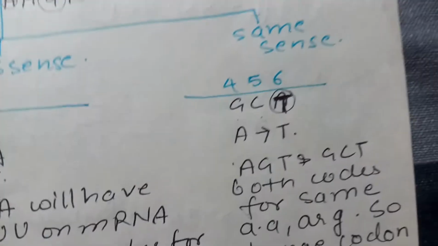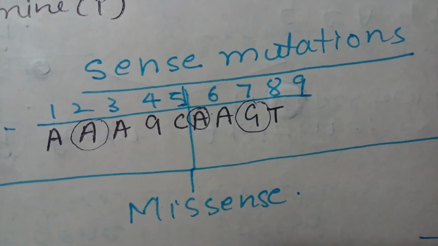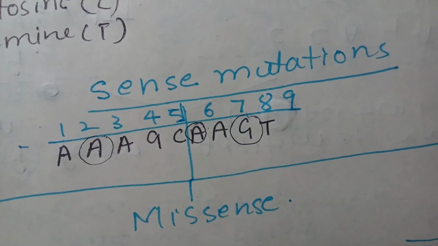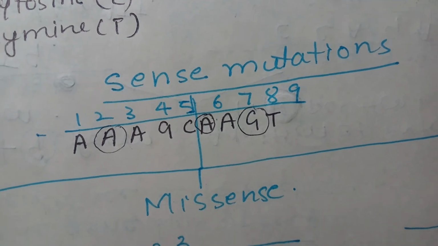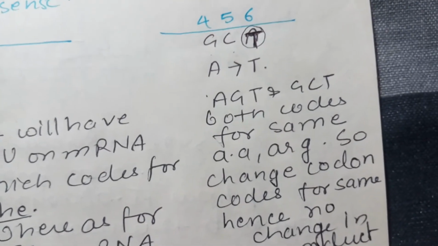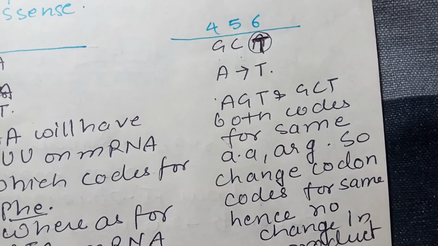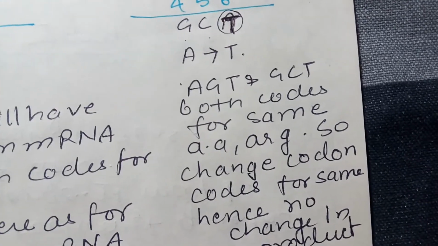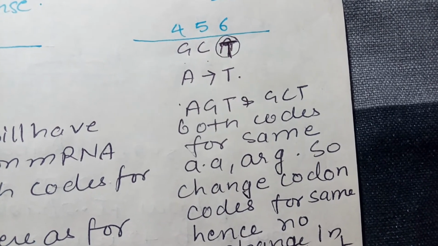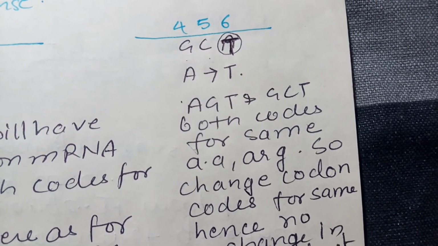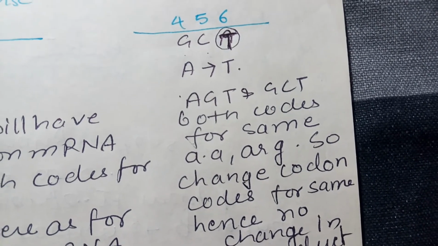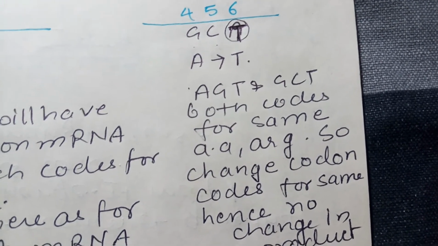Now look at positions 4, 5, 6. It is GCA. Now over here A is replaced by T. So when A is replaced by T, AGT and GCT both code for the same amino acid, arginine.